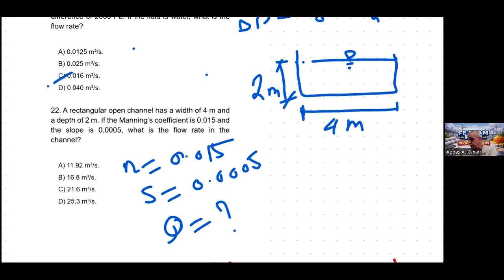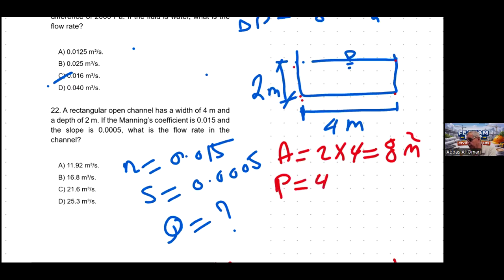A equals, the area is 2 by 4, a simple rectangular cross-section, so it is 8 square meters. Now R, the hydraulic radius, equals A over P. P is the wetted perimeter, so we have to calculate P, which is 4 plus 2 plus 2, so it is 8 meters.